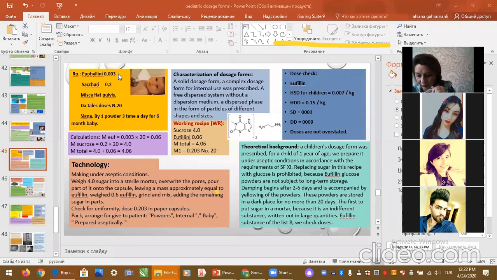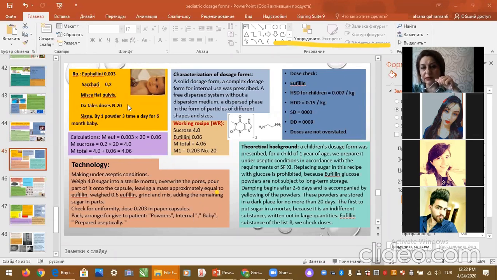Correctly, I must say: milligram. Just now we said, if there are 3 zeros, euphylline 3 milligram and saccharine, I must say 2 decigram. Euphylline 3 milligram and saccharine 2 decigram.